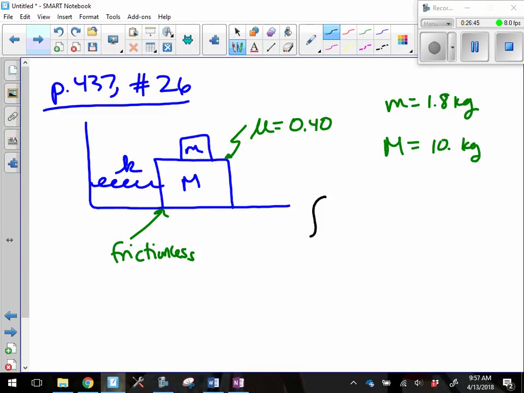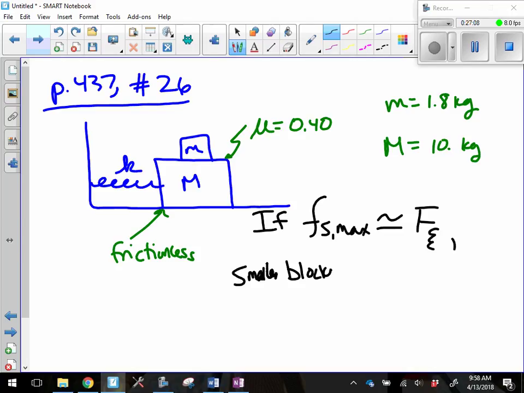So as long as Fs max is, and of course we're going to say approximately equal to F spring, the smaller block won't slip.